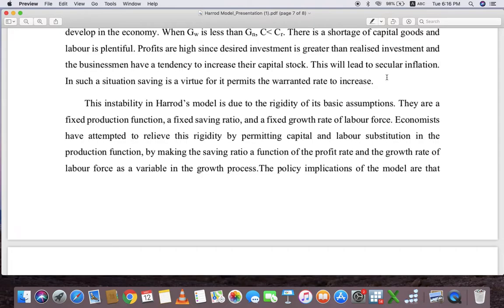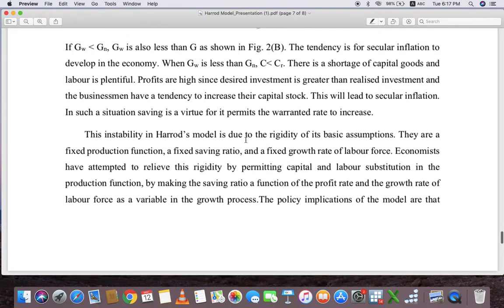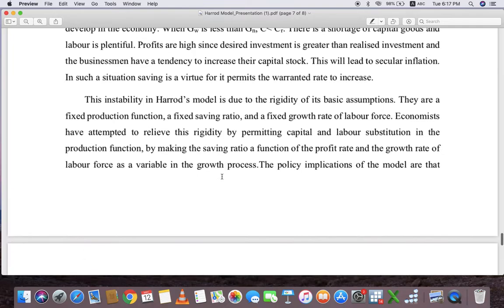Economists have experimented with all these things in order to eradicate this inherent problem, that is the knife-edge equilibrium problem of instability. To eradicate these problems, they have introduced certain flexibilities in this basic Harrod model.